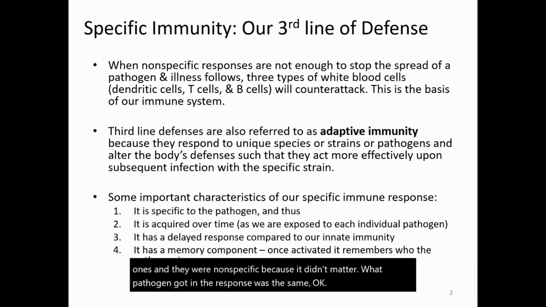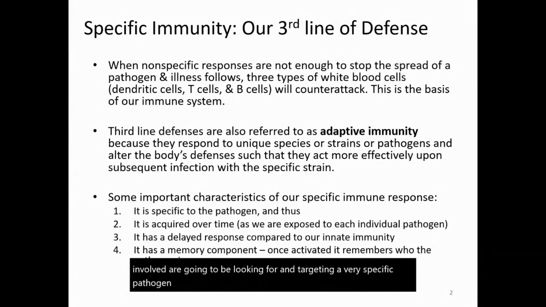But that second line of defense doesn't always catch the pathogen, doesn't always clear it. So we have to call in the big guns to come and help out. And that is going to be our third line of defense, or our specific immunity. We refer to it as specific immunity because the cells involved are going to be looking for and targeting a very specific pathogen, okay?